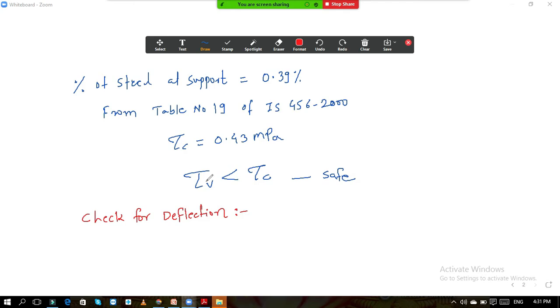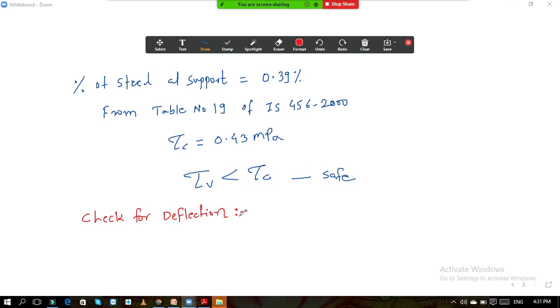And what we have provided? We have provided 0.4, that is 0.39. So here we should take the check for deflection, because our assumed percentage of steel is not greater than our percentage of steel provided.